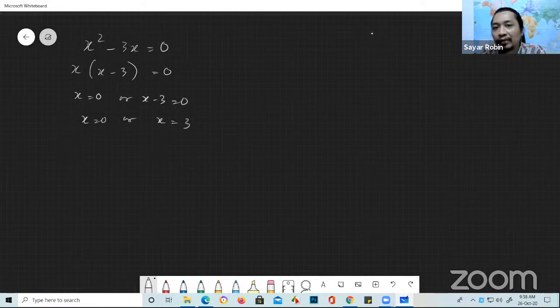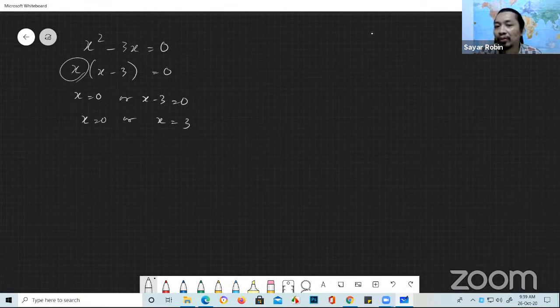This is the taking out method. We have collected the like term, and the like term is x here. In some textbooks you might see it as the taking out method.